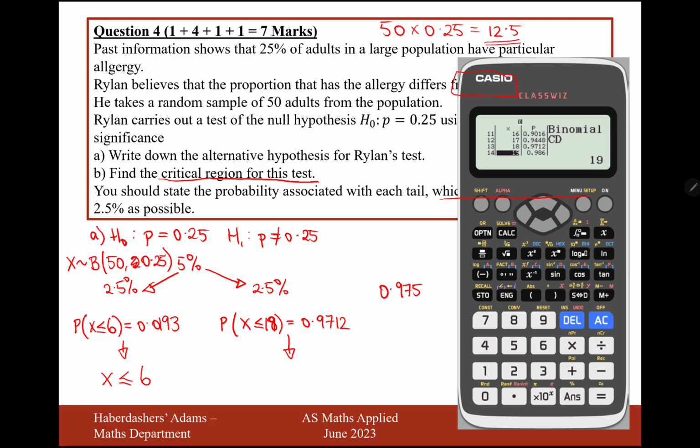And from this region here, if 18 or fewer gives us this 0.9712 probability, then it's the region where X is greater than or equal to 19 that gives us this 0.0288 probability. So here's our critical region. It's this value here and this value here. Okay, so there we are. That's the answer to part B.